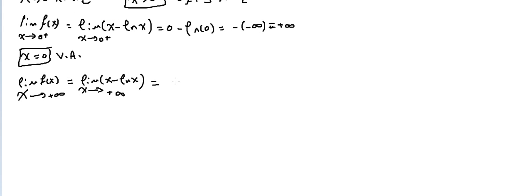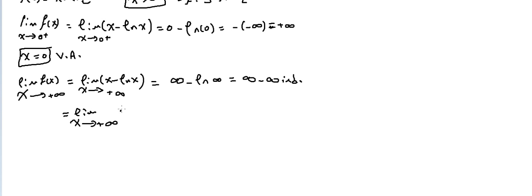It's infinity minus ln infinity. This means it's infinity minus infinity, an indeterminate form, so we should change this form. It's equal to the limit as x approaches plus infinity of x minus ln x.